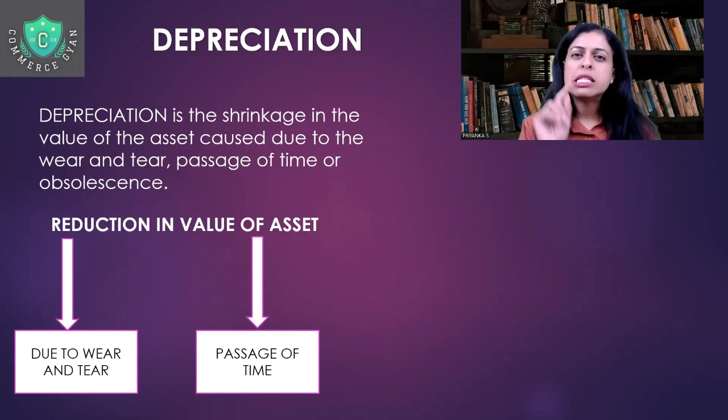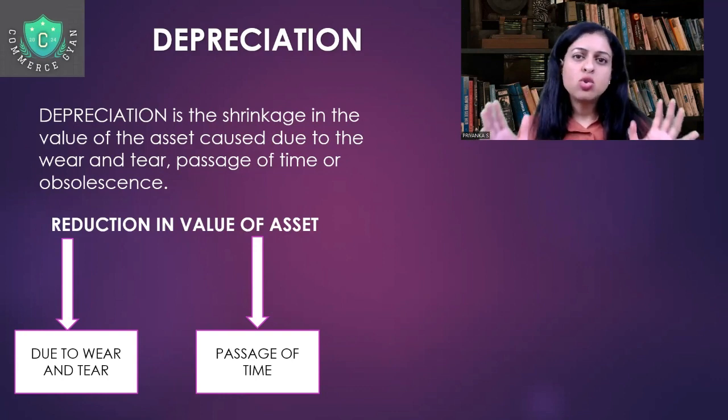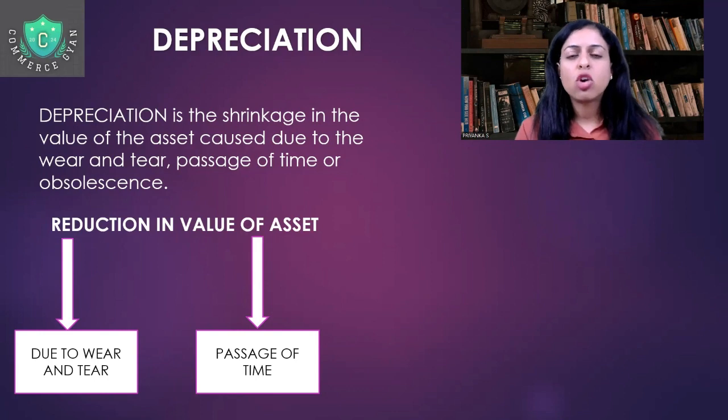Will he pay me the same value for which I bought it? No, not at all. He will say, you bought it 5 years back, and even if you haven't used it, I'm going to pay you less, because with the passage of time, that car has become an old car. So this is exactly what we are talking about, the depreciation or the reduction in the value of that asset.